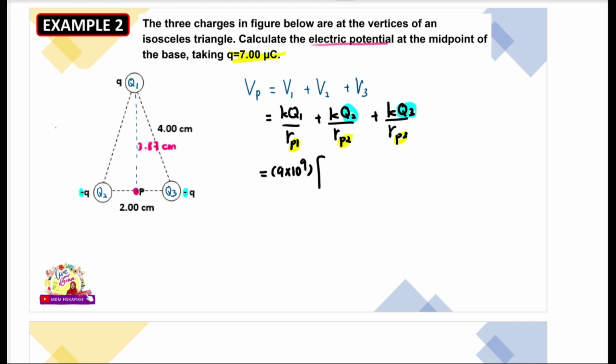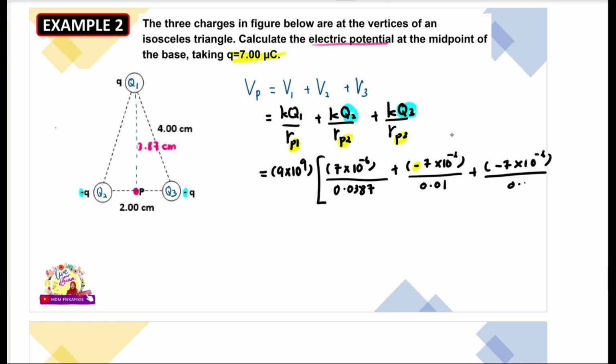And then here we have Q1, positive 7 microcoulomb, over the distance 3.87 cm tukar kepada meter, 0.0387. Plus Q2 is negative 7 microcoulomb over the distance between point P and Q2, which is 1 cm, 0.01 meter. So negative dekat sini. Plus, here we have another negative.